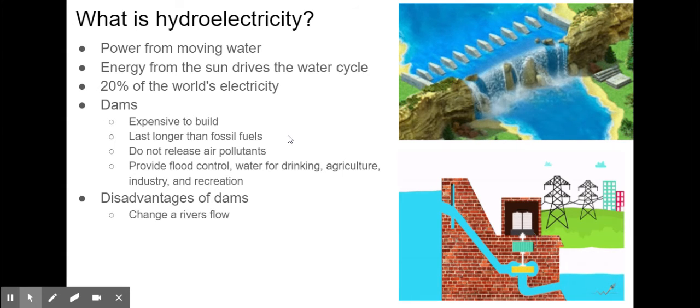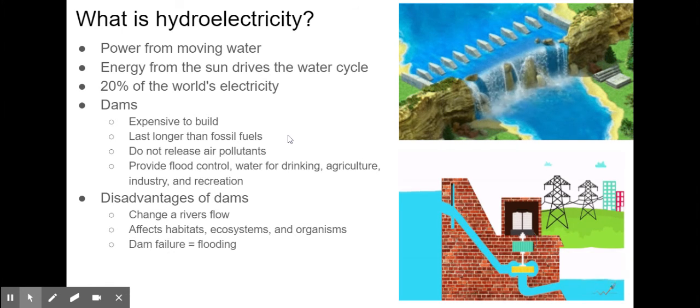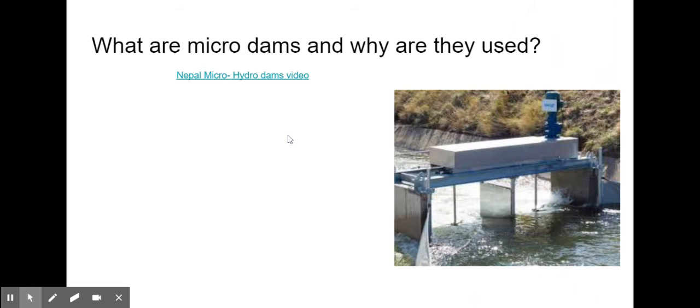Disadvantages of dams: they change the river's flow. They affect habitats, ecosystems, and organisms. And dam failure equals flooding. What are microdams and how are they used?